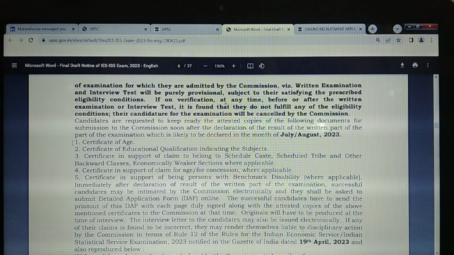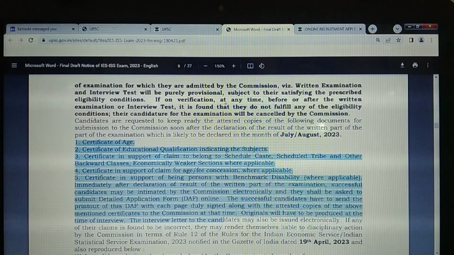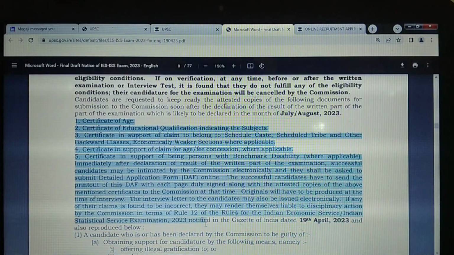You must have kept all the documents before applying for the examination. Before 19th April, all the documents must be ready.